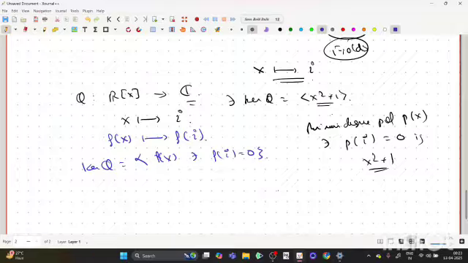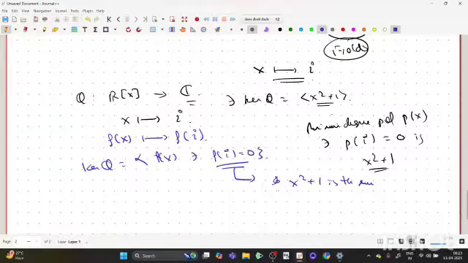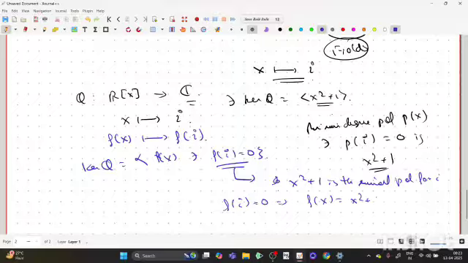If you study introductory field theory, or I'll try to come up with a more rigorous proof, x square plus 1 is the minimal polynomial for I. In other words, if f(I) equals 0, then I can write f(x) as x square plus 1 times g(x). That's exactly what I mean.